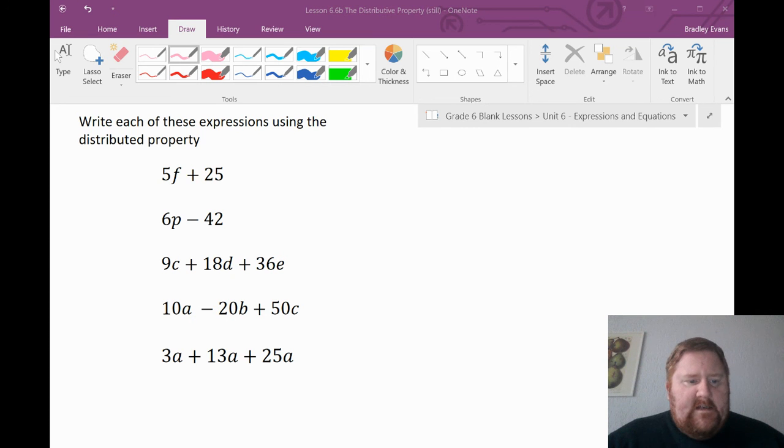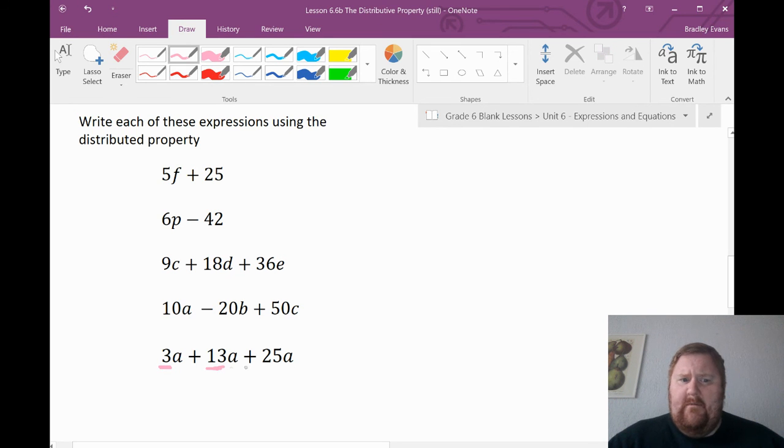Let's take a look at the last one, 3a plus 13a plus 25a. What I need to do is find something they have in common, a common multiple that I could distribute amongst that sum. I'm looking at my coefficients. I can't see any digit that can be divided into 3, 13 and 25.